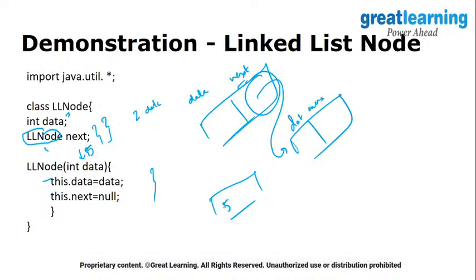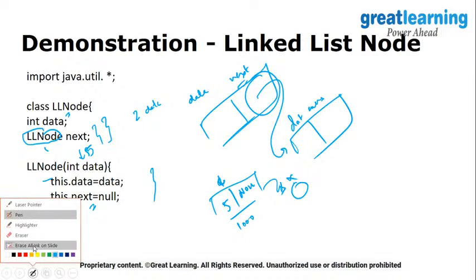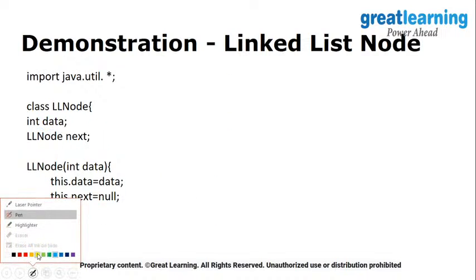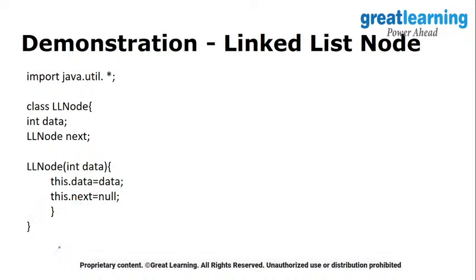So 5 will be used here in the data part, and in the next part it will be null because it's not pointing to any node. And it will have some kind of a reference or address, which is nothing but 1000, right? So this is the first thing, how you create your nodes. Okay, done. Let's move ahead.